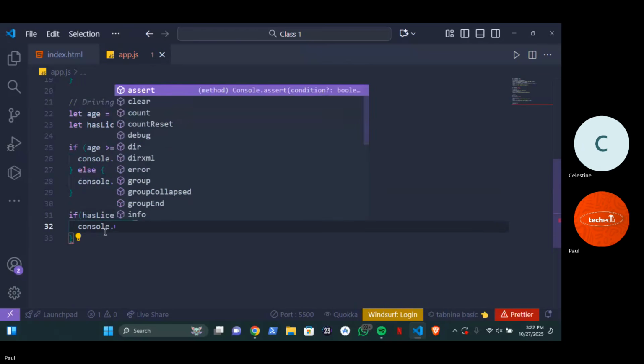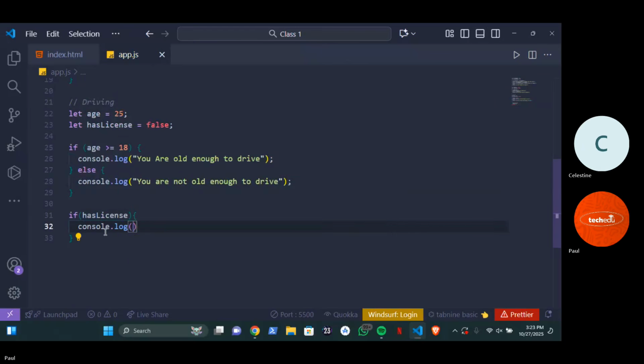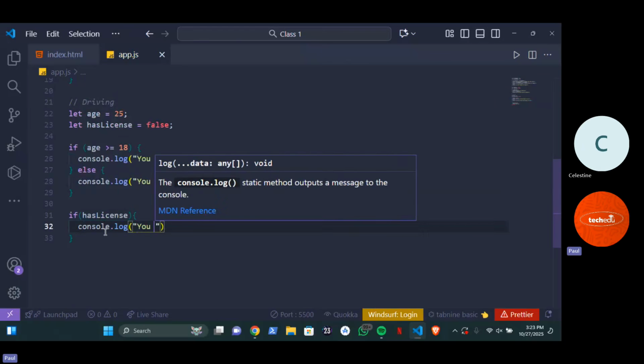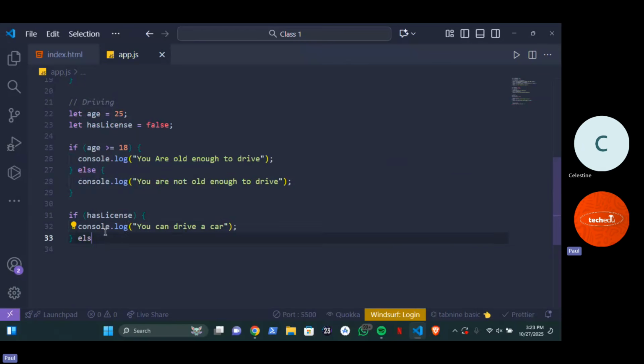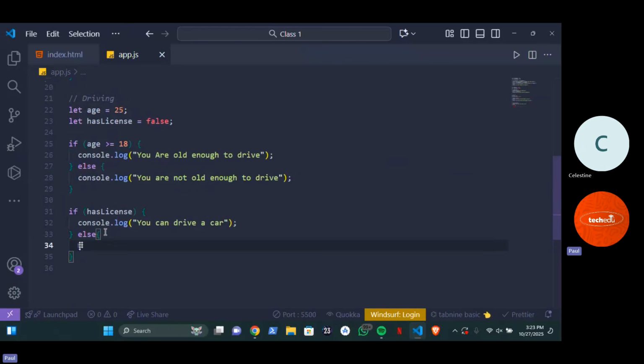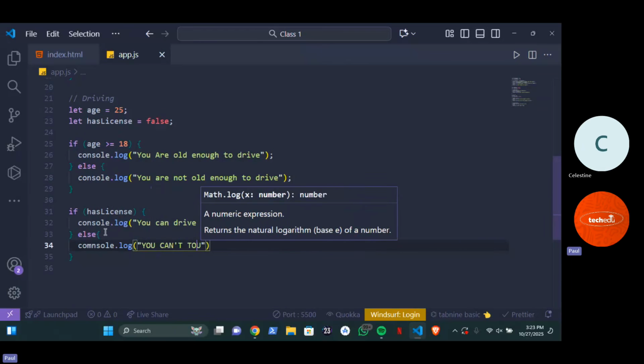Console.log: You can drive a car. Right? And then you have your else, isn't it? Console.log: You can touch that car.